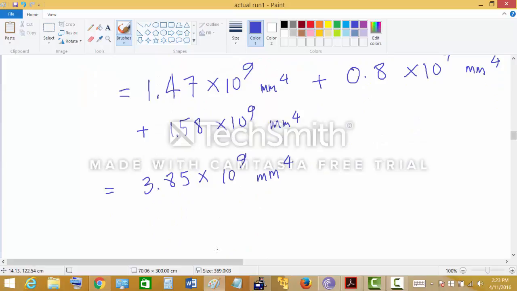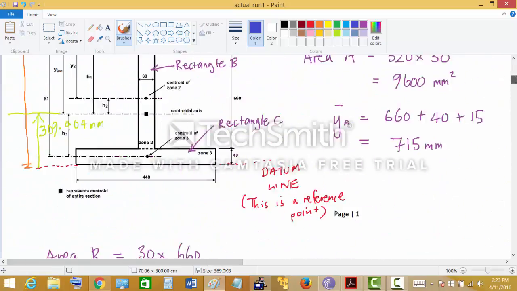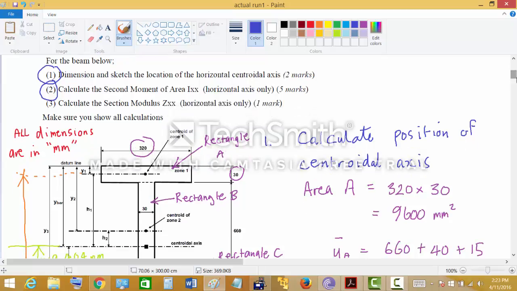So that's the second question in that problem. Calculate now the third question. Calculate the section modulus. Right, horizontal axis only.